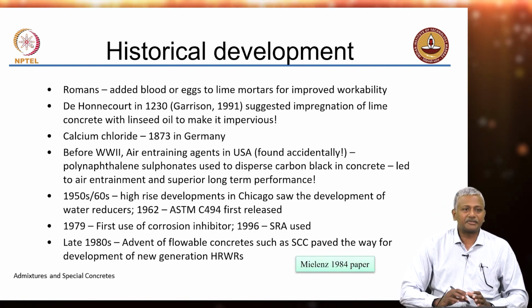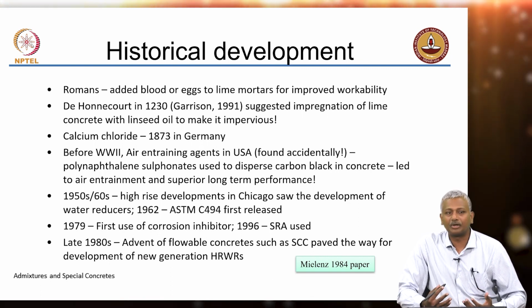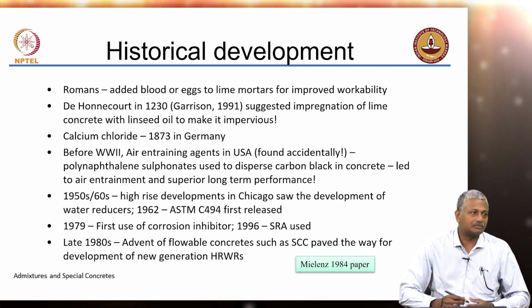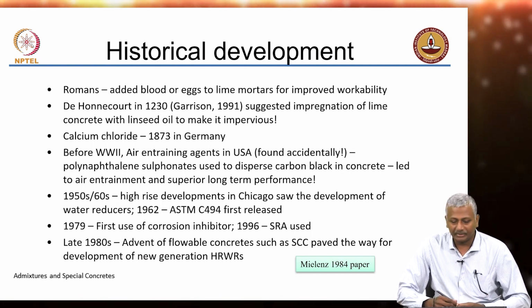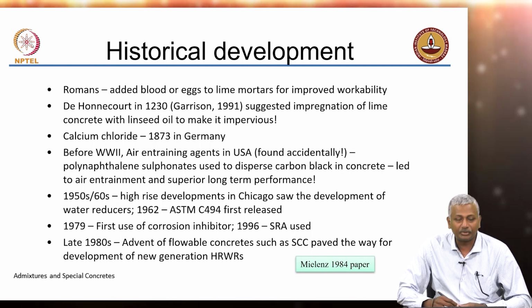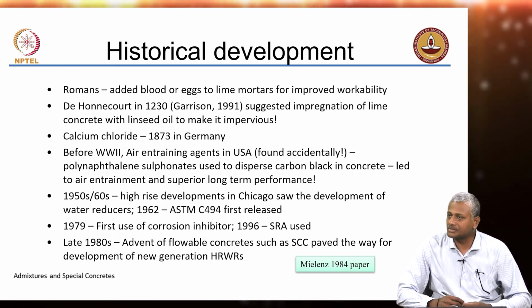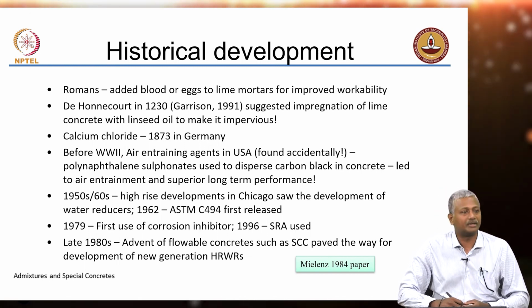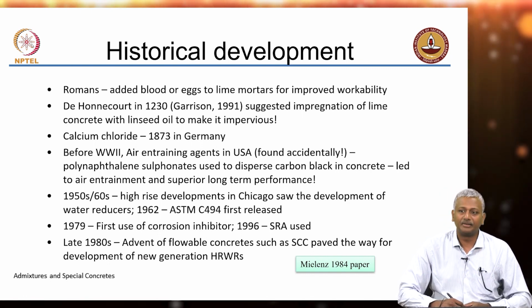Now, there has been historical evidence of use of chemicals of different forms for centuries. Okay, for instance, if you look at the Roman times, they had added blood or eggs to lime mortar for improved workability. A lot of Chinese heritage structures, they've actually found traces of having used blood as an ingredient.